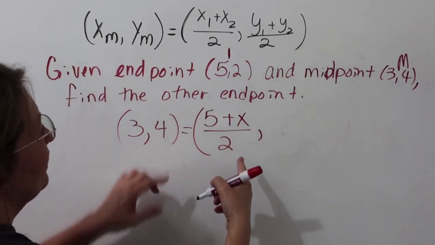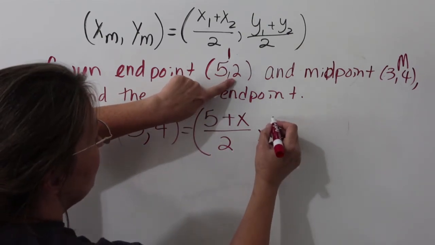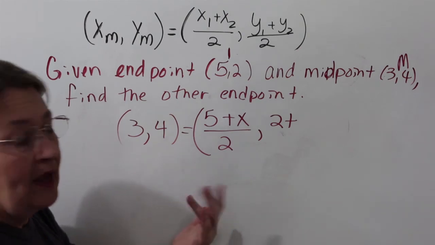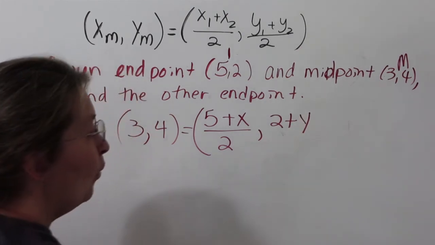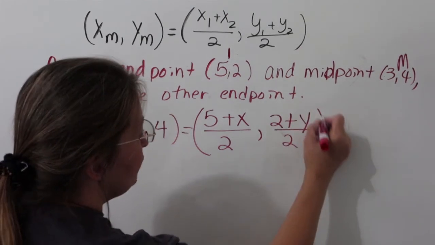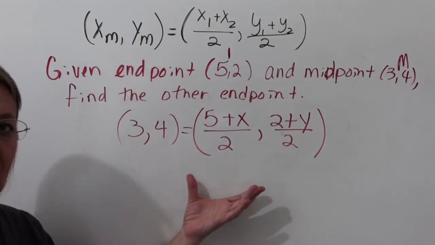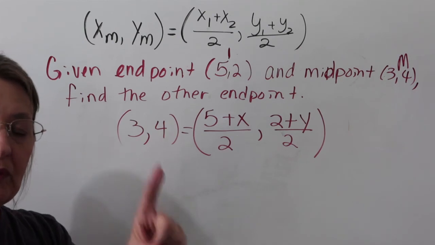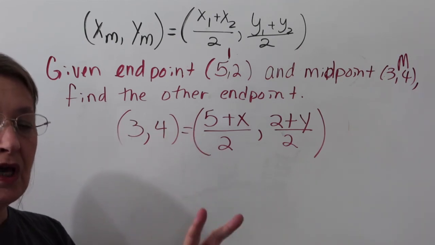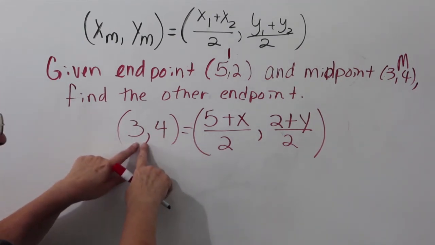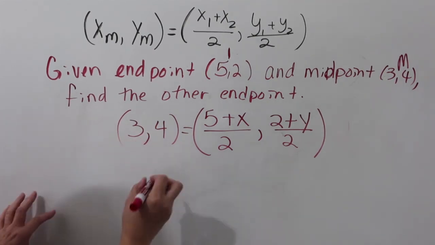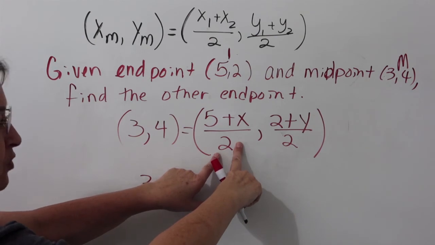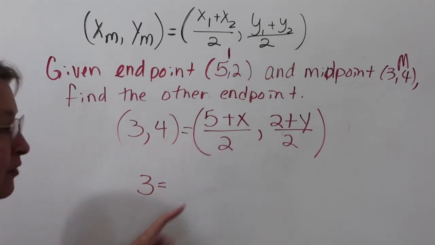Now let's get the y's. I need the y from pair number 1, which is 2, plus the y from pair number 2, which I don't know. So that's going to be y over 2 as well. Now what you have at this point is a setup for 2 equations, not 1, because remember we're looking for 2 numbers. So we're going to set this up. Take the x coordinate of your midpoint and set that equal to the x coordinate of this formula over here.